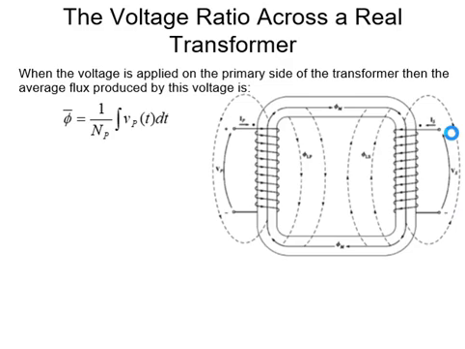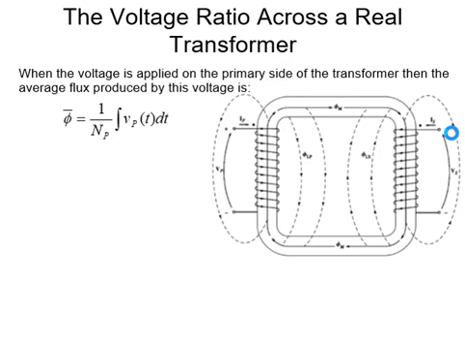In the primary coil, some part of the flux would be mutual because the flux lines would be passing through the secondary as well as the primary coil.